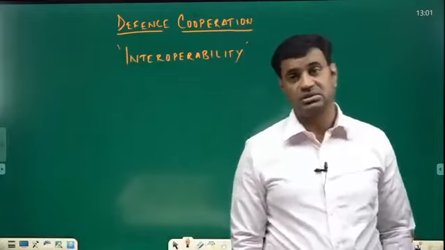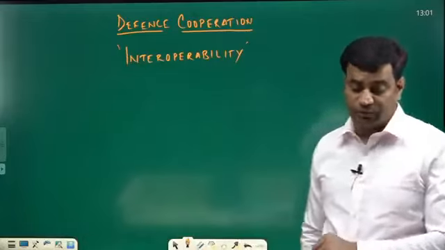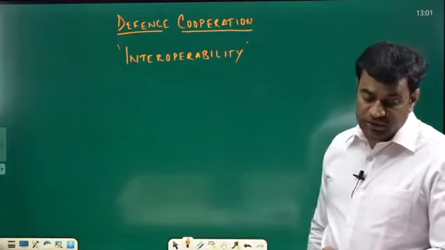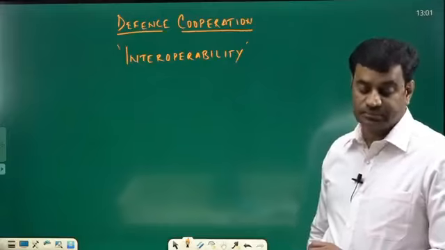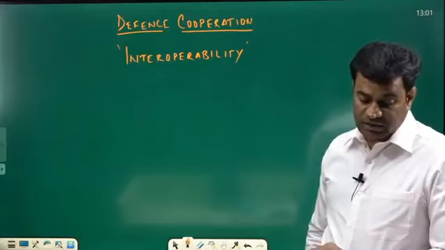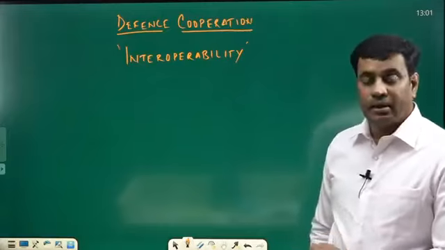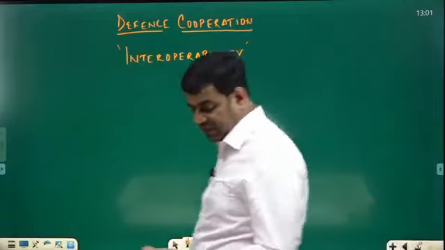Very important. It's a core demand of India. Clear?